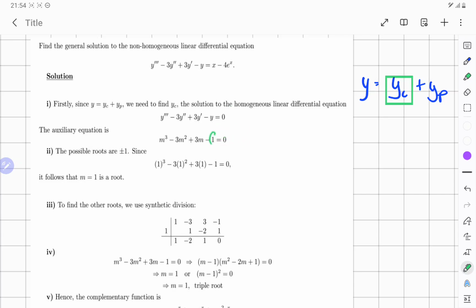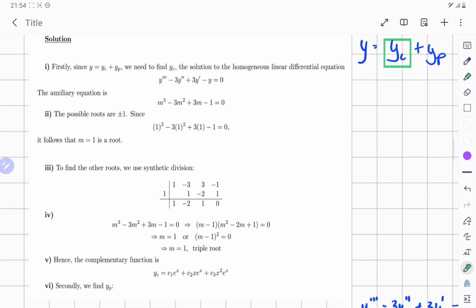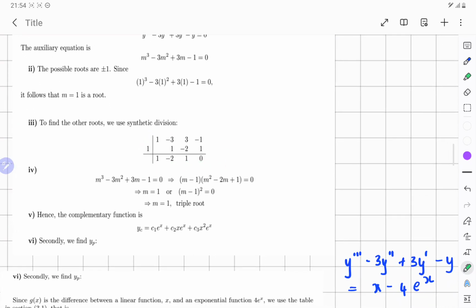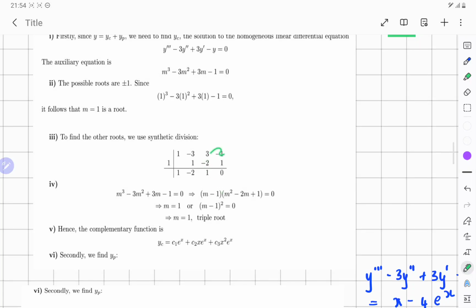The possible roots will be plus or minus 1, but I'm just going to do it here quickly. Since when I substitute m equals 1, I get 0, I know m equals 1 is a root, and I continue doing synthetic division to find my other two roots.